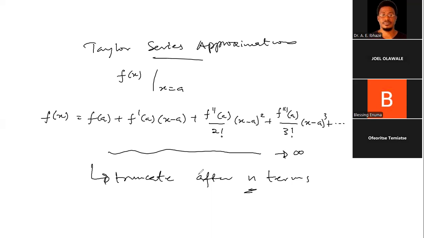So we want to specify that term, and this is done by ignoring the higher order terms. I want you to know that the more the terms, the better the approximation, okay?